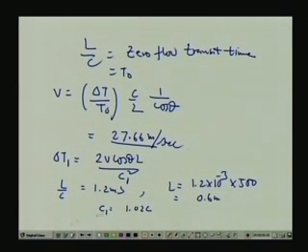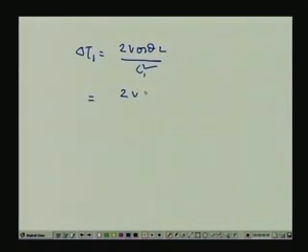So, let us take a new page. The second case: delta T1 equal to 2V cos theta L by C1 square.